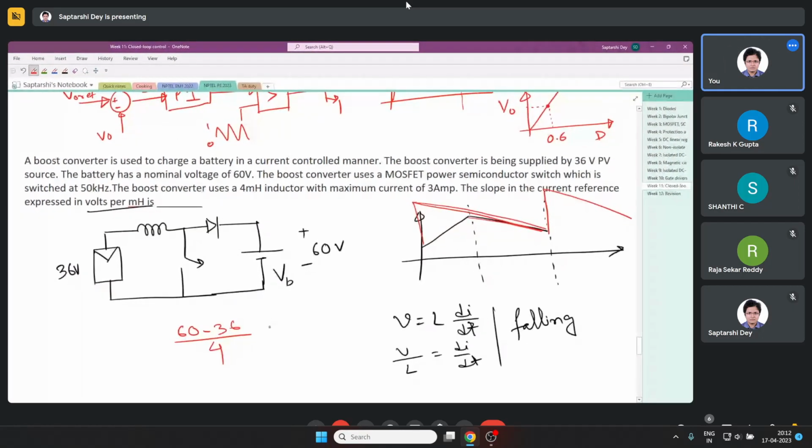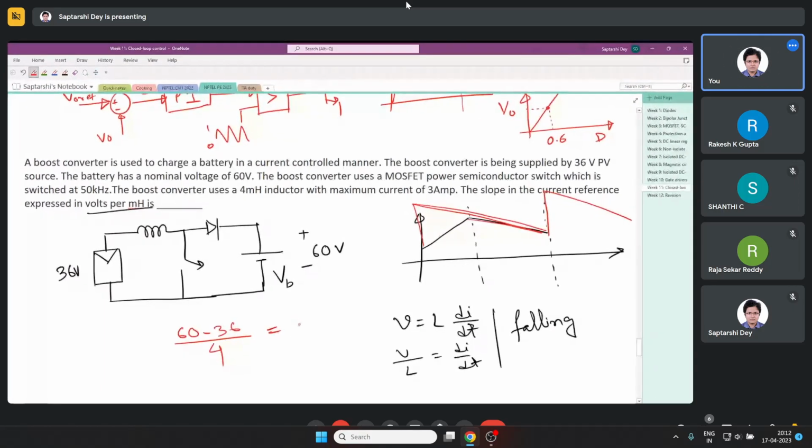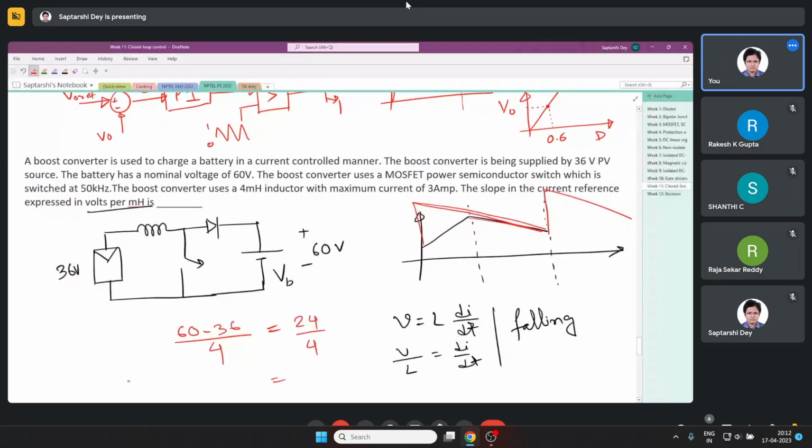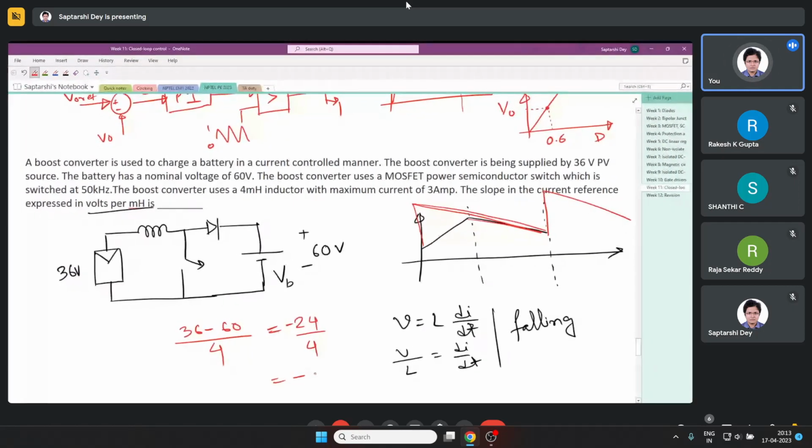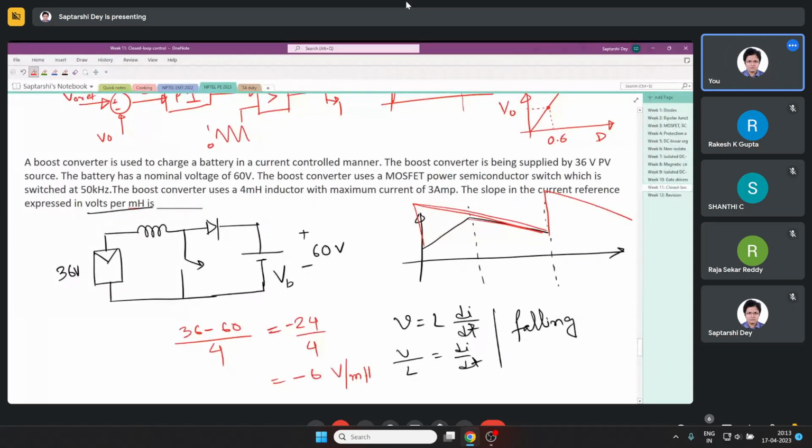So sorry, 24 by 4. No, the slope is negative. Let us take the actual one. They have not asked for mod. So 36 minus 60 gives minus 6 volt per millihenry.